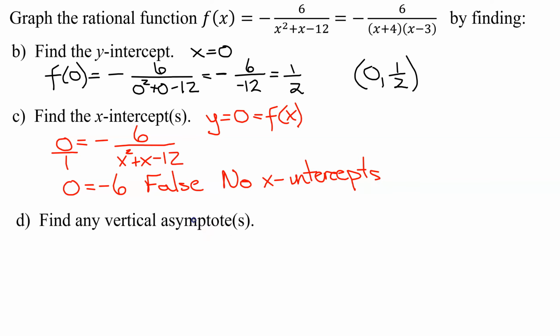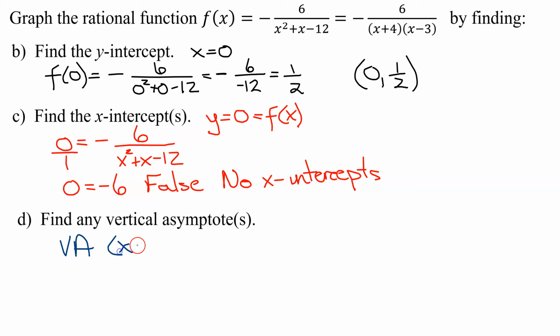Next, we need to find any vertical asymptotes. And you find vertical asymptotes using the simplified form of the function. I could use either of them, but the second one is going to be a lot more useful. And to find the vertical asymptotes, you set the denominator equal to 0.